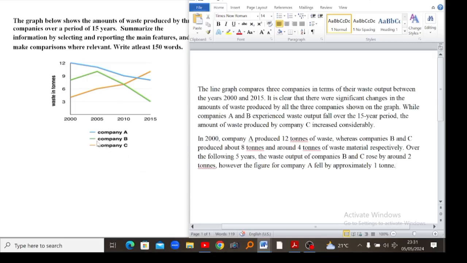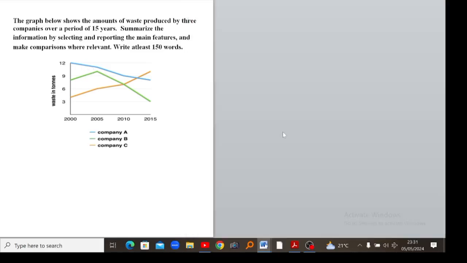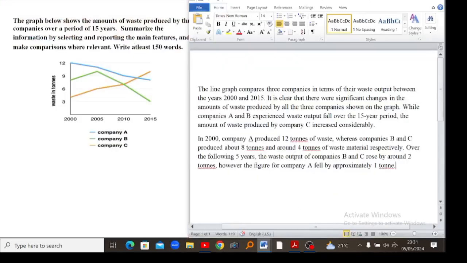So B and C, these two, both of them rose by around 2 tons. However, the figure for company A did what? Fell. It fell by approximately 1 ton. So you can use approximately, around, about, just over, just under.